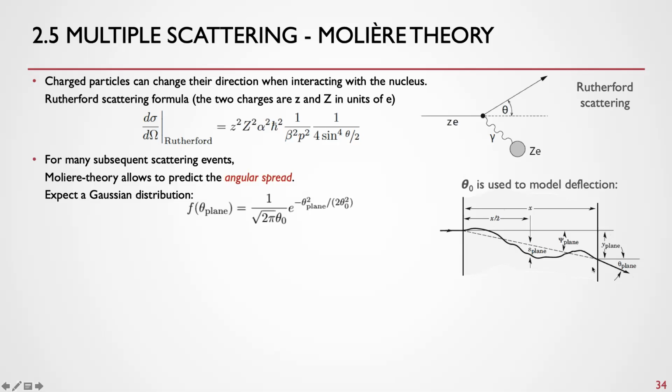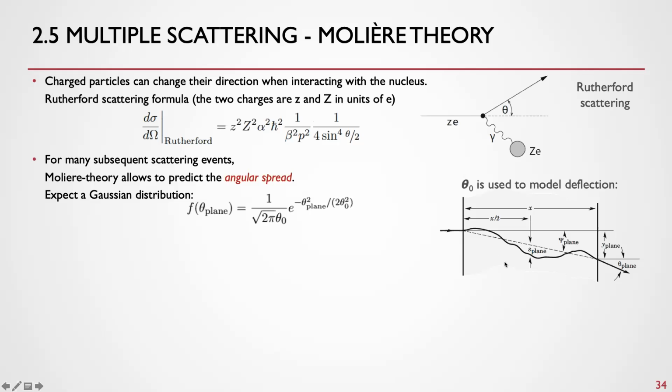The statistical treatment of these multiple scattering processes is called Molière theory. Its nature is statistical mechanics. We only go through a few of the results that are relevant for detector design. I'll have an example on the next slide. Let me just say what the main results are.